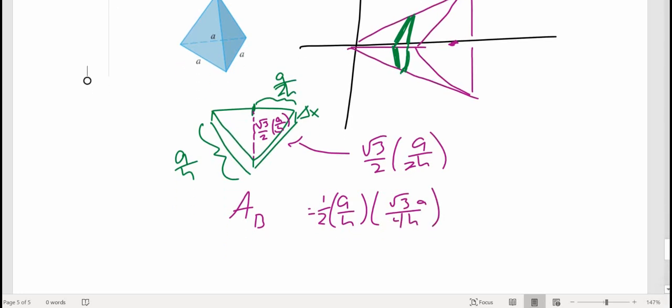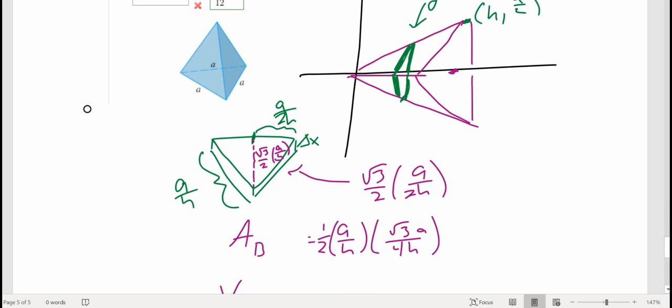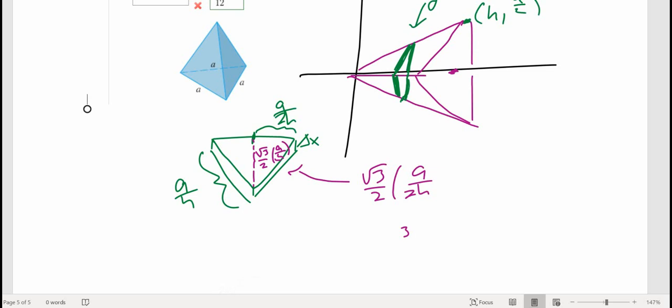Okay. And then the volume of that slice then is 1/2. Actually, let me just, square root of 3 over. Yeah, I'm missing some. Hold on. I'm jumping the gun. I'm trying to move a little too fast. Okay. So that height is, of course, dependent on the x coordinate. So the base would be a over h times x.